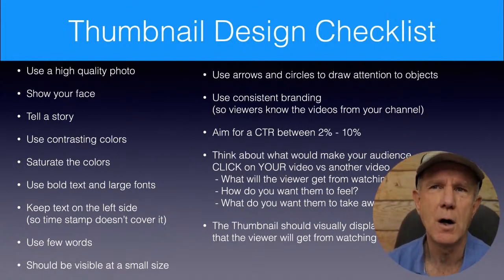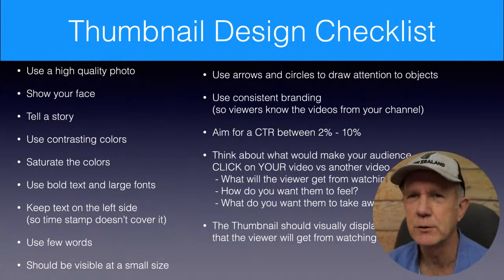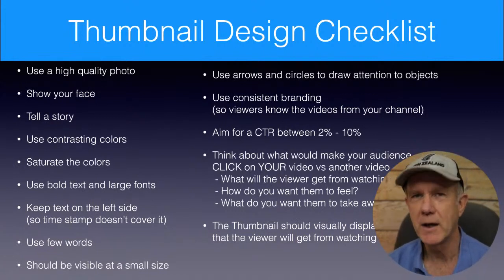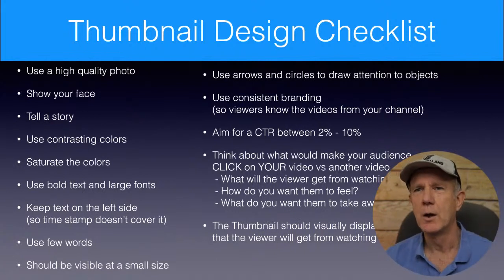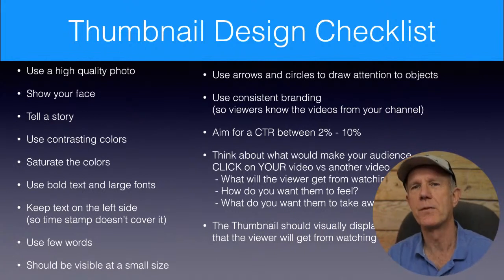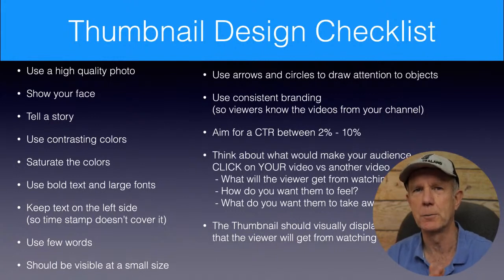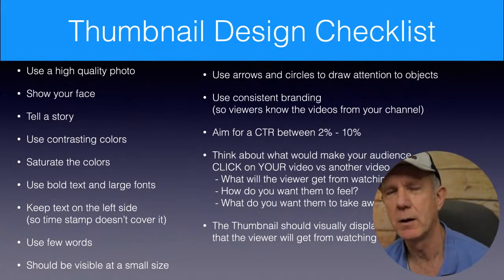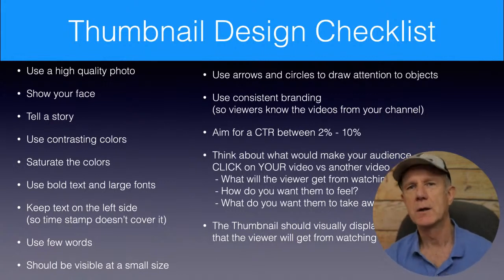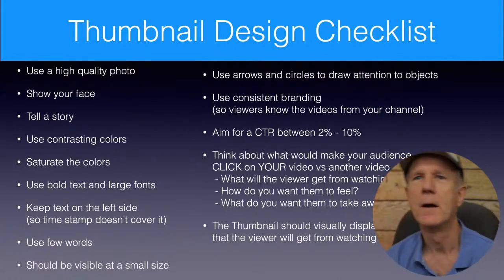But yeah, I use a high resolution like 1920 by 1080, so really high resolution. And then when I shrink it down, it still looks good. So sharpen it, saturate the colors a little bit, and make sure you don't have the timestamp covering your text.